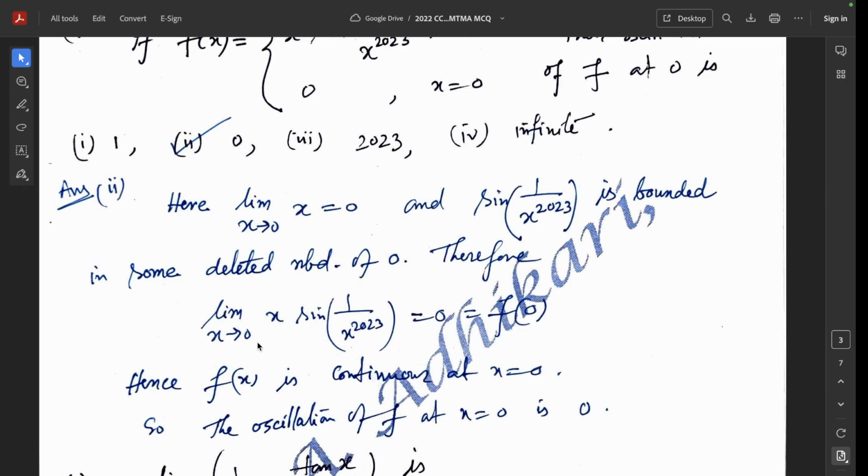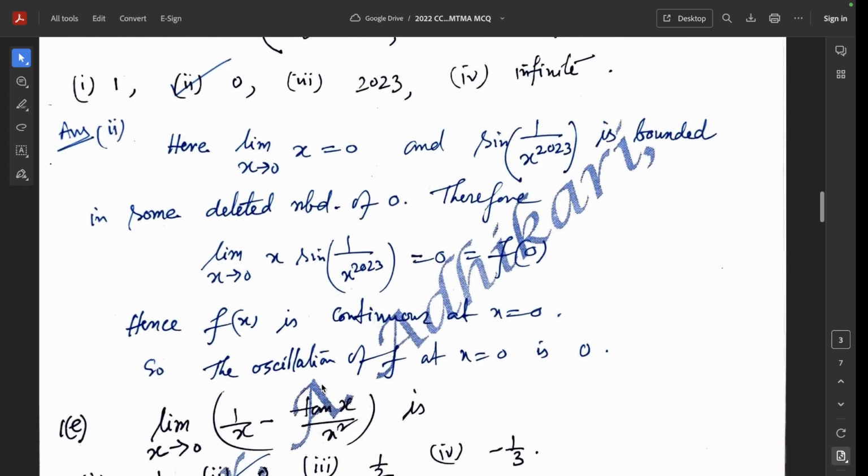Therefore, the limit as x tends to 0 of x sin (1 by x) to the power 2023 equals 0, which equals f(0). Hence, f(x) is continuous at x equal to 0. So the oscillation of the function f(x) at the point x equal to 0 is 0. If a function f(x) is continuous at any point, then the oscillation is 0.